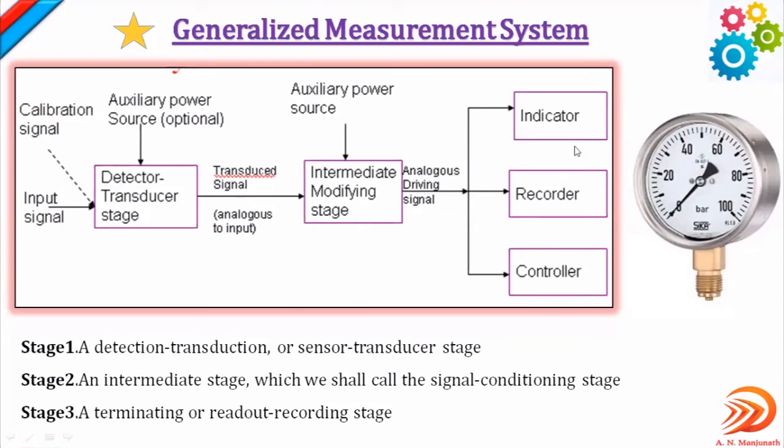Then finally it will be recorded, indicated or controlled. So generally these are the three stages involved in a measuring instrument: stage 1, stage 2, stage 3. I will explain this generalized measurement system in the coming slide, right?